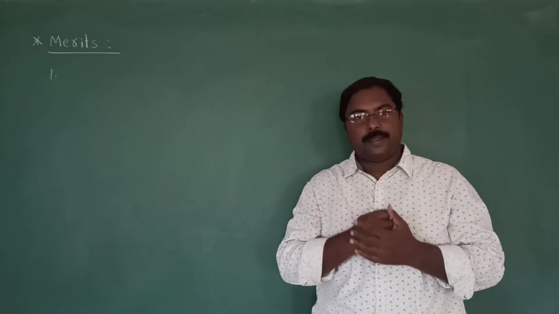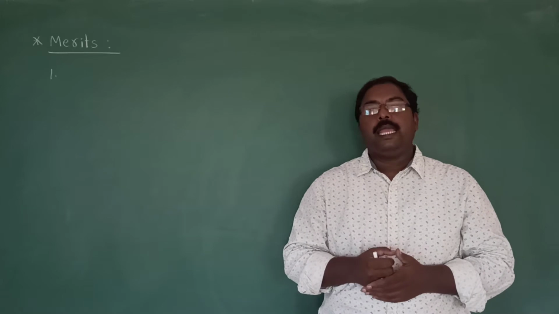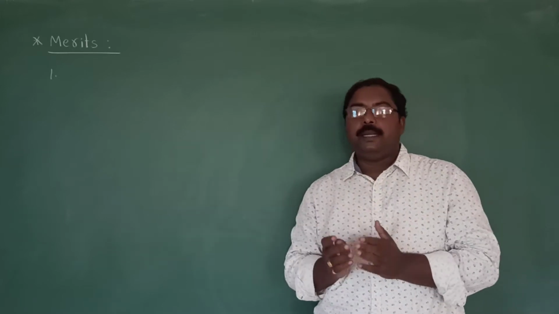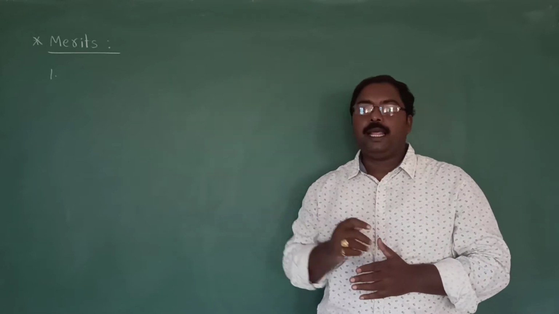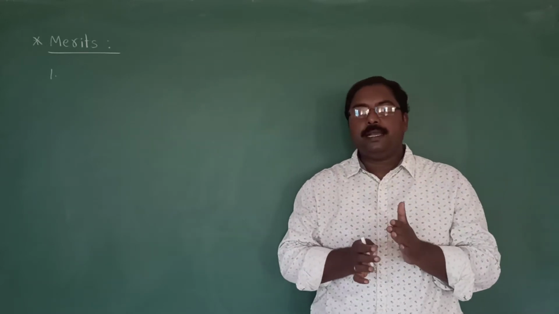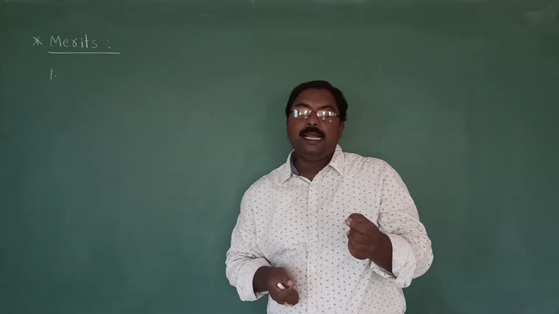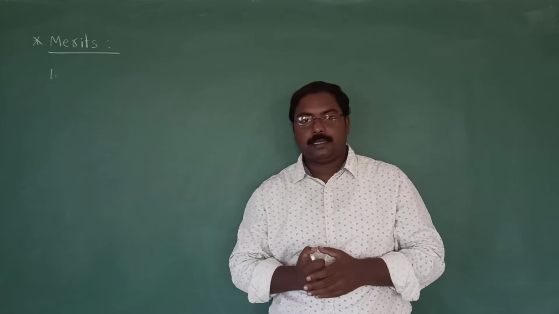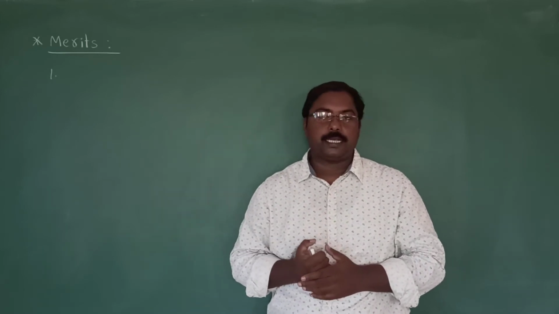But Mendeleev placed all the known elements discovered by his time in the table. Along with that, he left some spaces for the undiscovered elements. So that is the main merit of Mendeleev's classification.